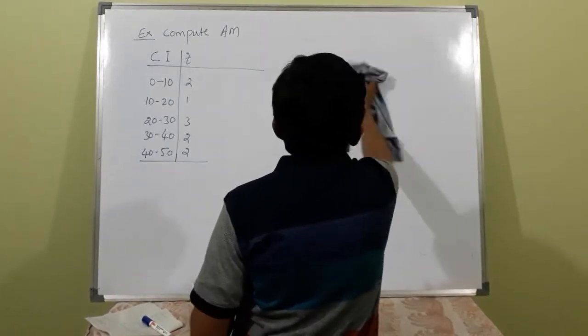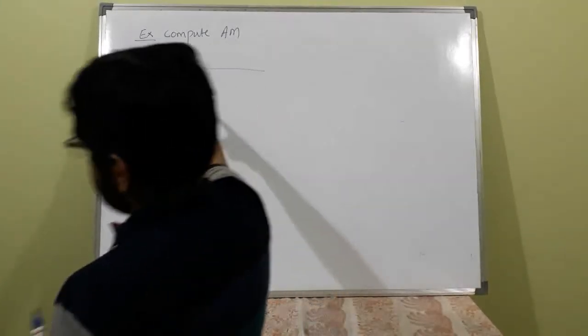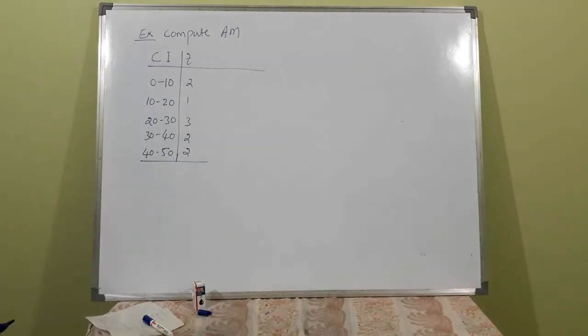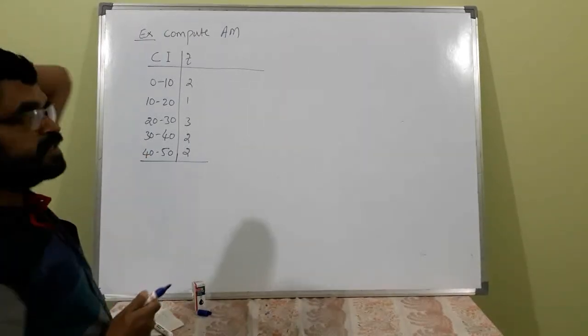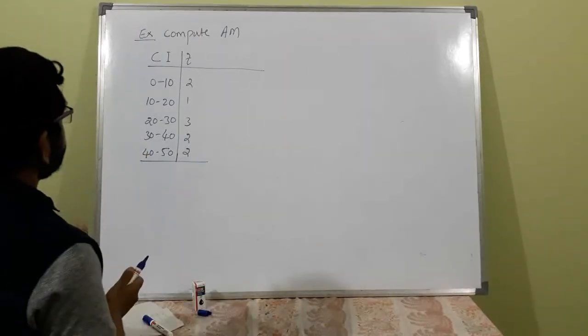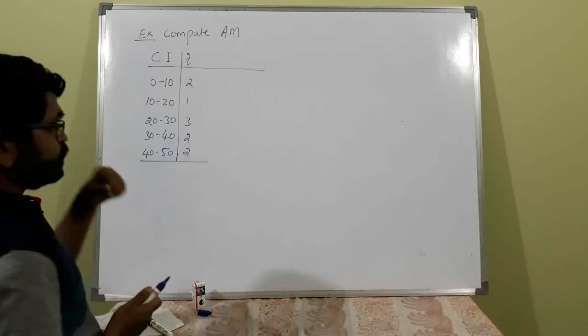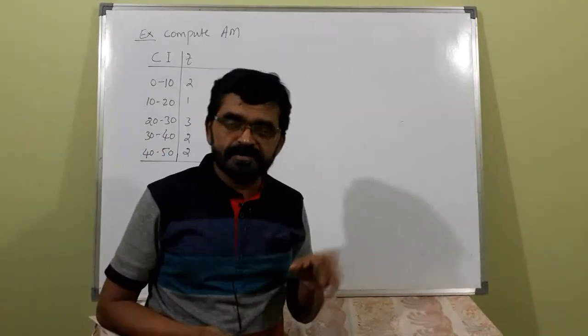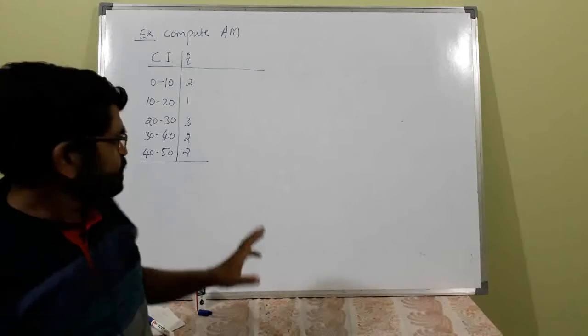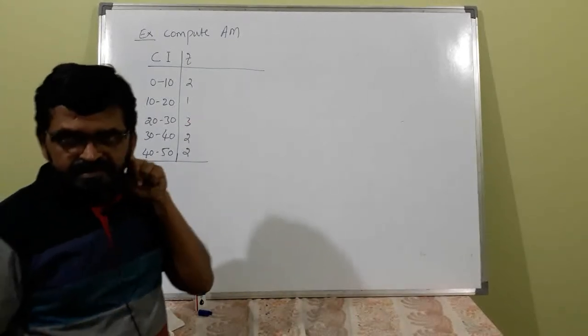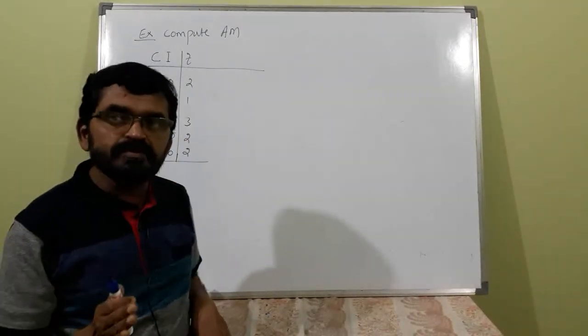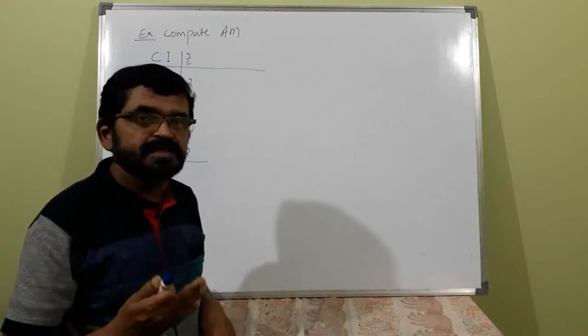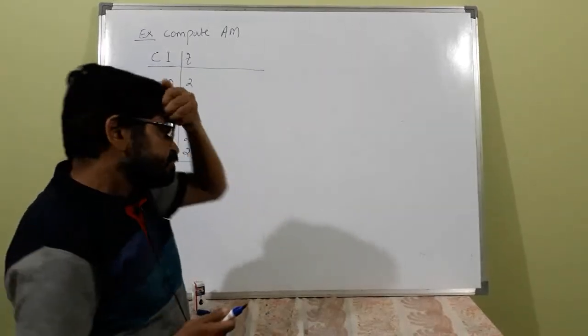This type of data is called continuous data. Now, you can write these things in your regular notes only, because it is needed. But I will tell you when the actual syllabus starts.